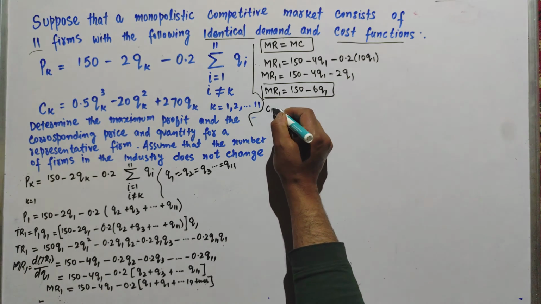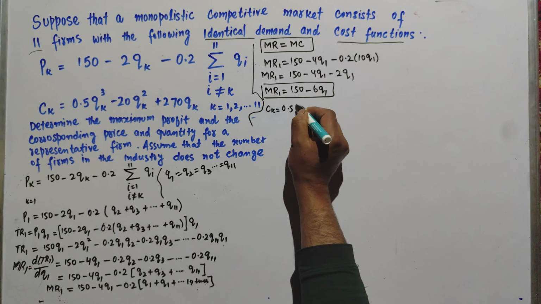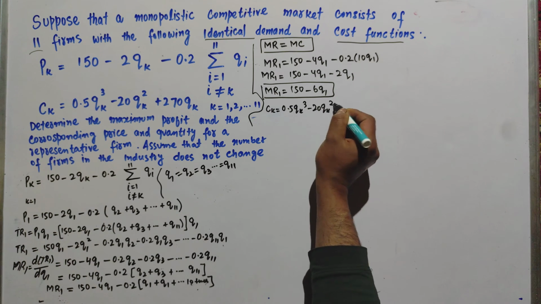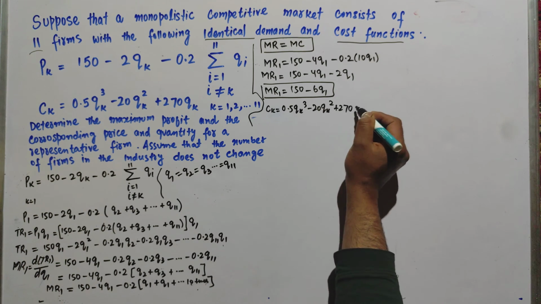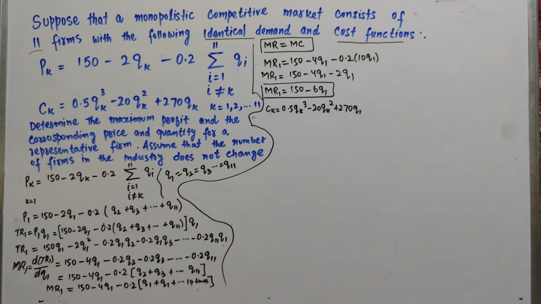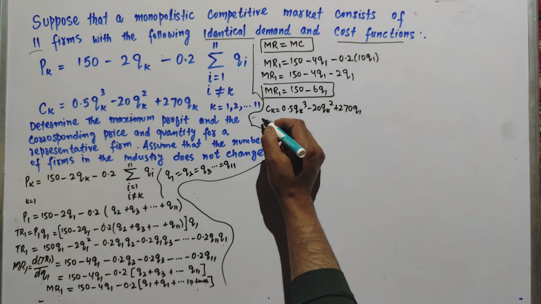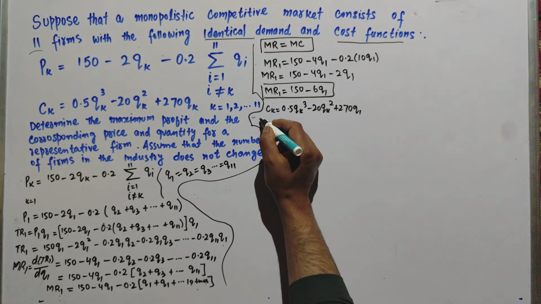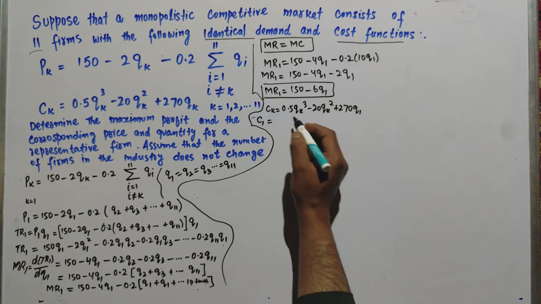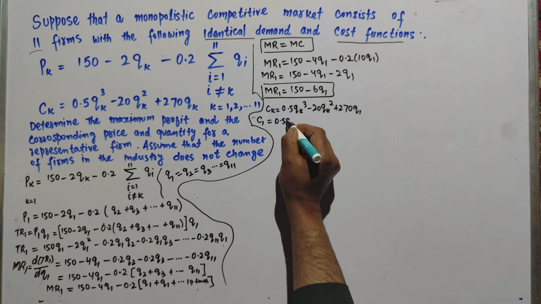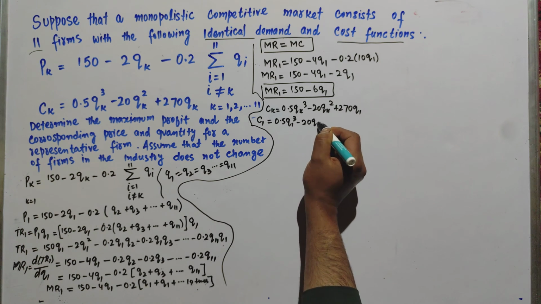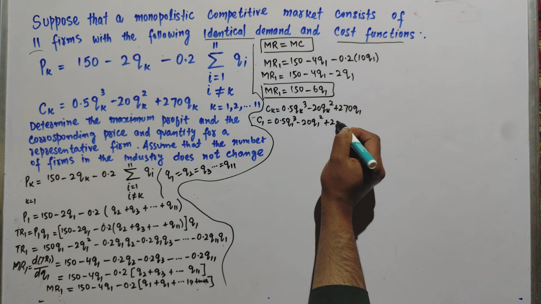CK is equal to 0.5 QK cube minus 20 QK square plus 270 QK. This is the cost function of the kth firm. So let's find out the cost function of firm 1. That will be equal to, in place of K we have 1 as the subscript, C1 will be equal to 0.5 Q1 cube minus 20 Q1 square plus 270.